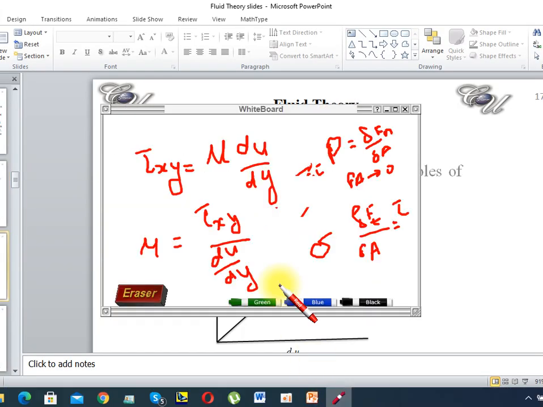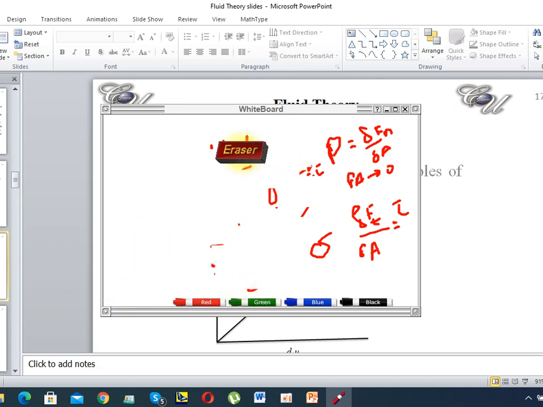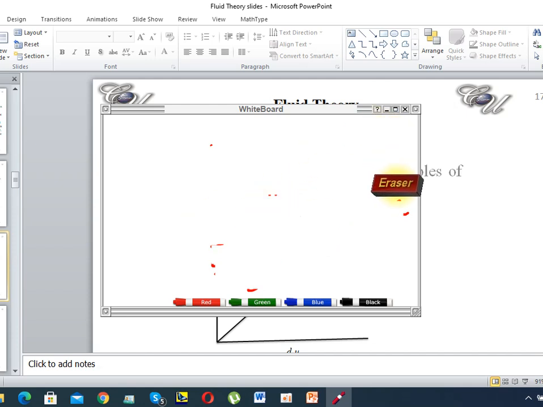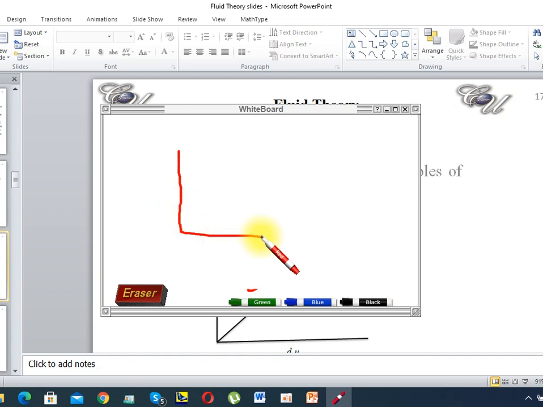Let me sketch this graph, the relation between the stresses and the deformation, or the rate of shear. On the x-axis we have the deformation.